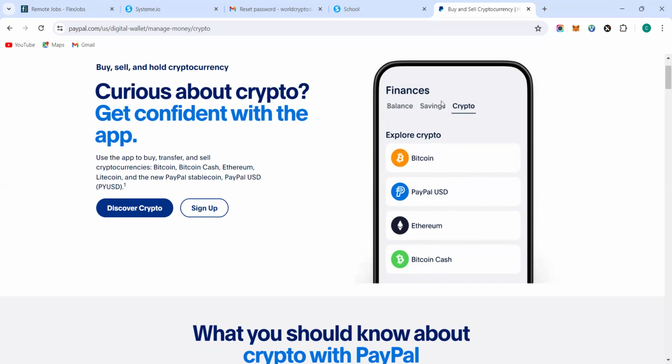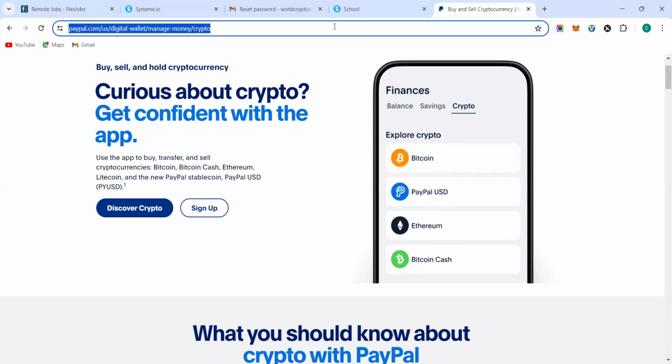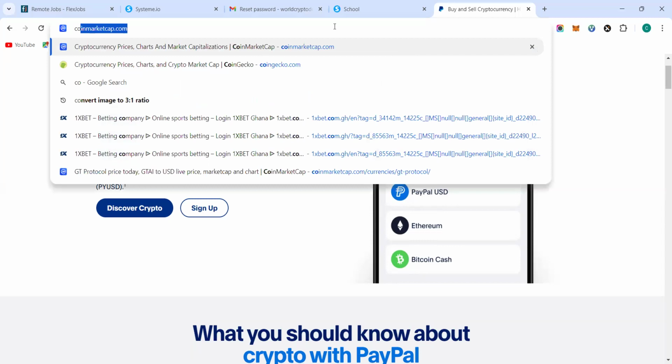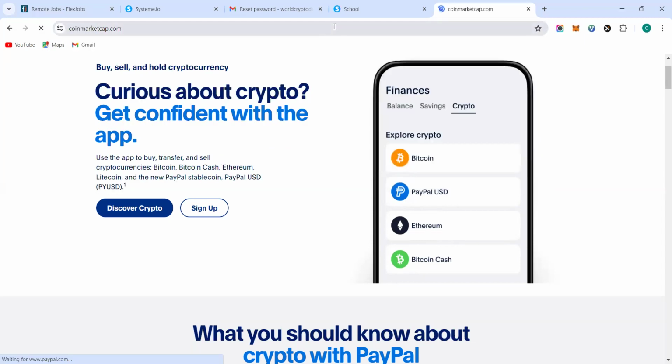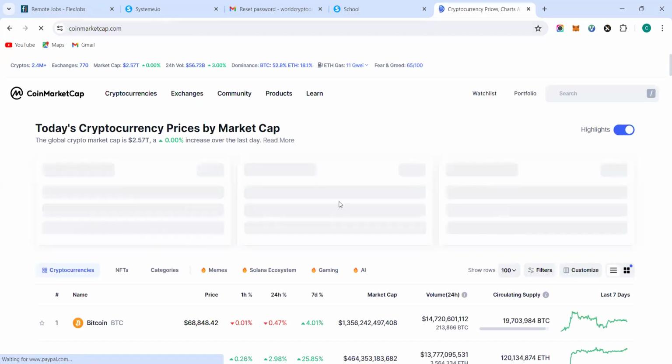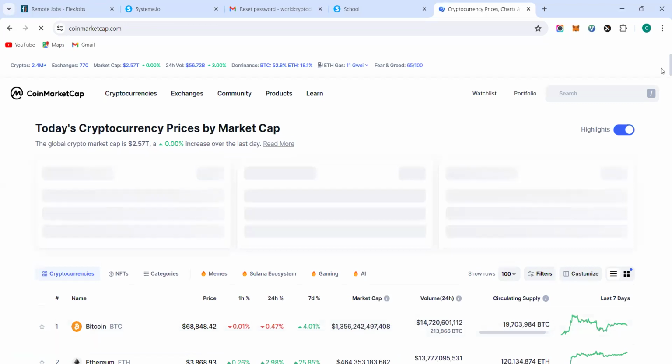We've got stable coins. So generally crypto is volatile, okay? So for example, Bitcoin was $16,000 somewhere in February, January 2023. Currently, Bitcoin is somewhere over, let me check coin market cap, $68,000, 848, right?